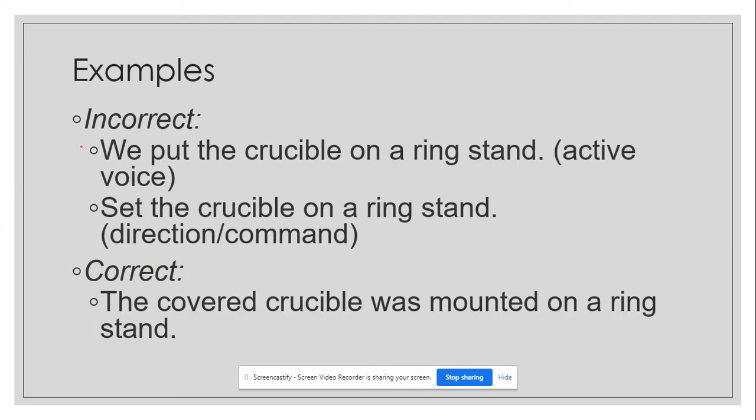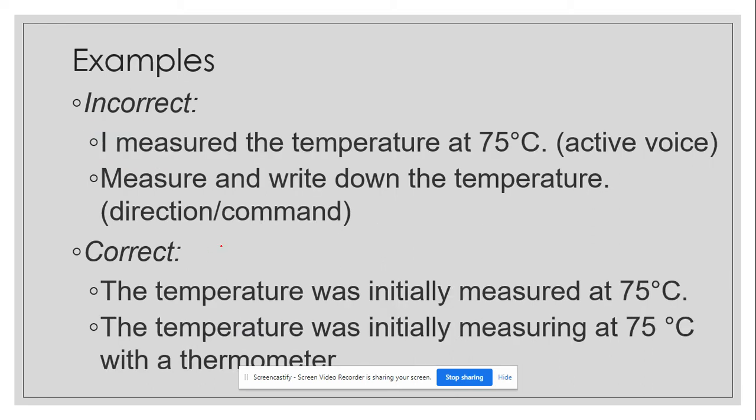A couple other examples. We put the crucible on a ring stand. Again, that's active voice. We, that's incorrect. Or a direction or command is, set the crucible on the ring stand. The correct way you should have said that is, the covered crucible, so there's my object, was mounted on the ring stand. Here's another one.